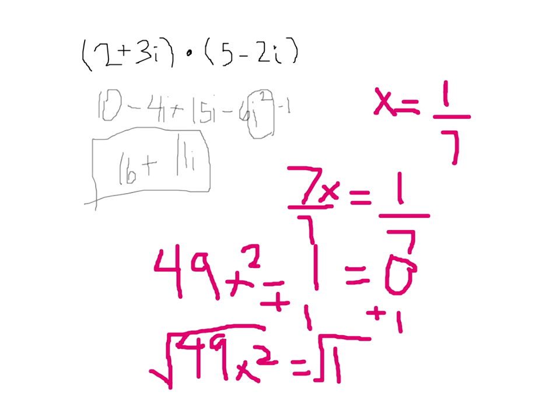You could divide by 49 on both sides and still square root it and get the same thing. Yeah, it's plus and minus.